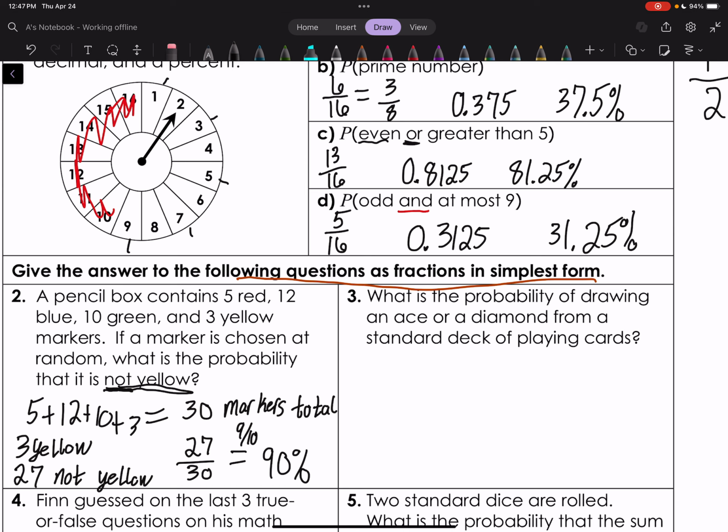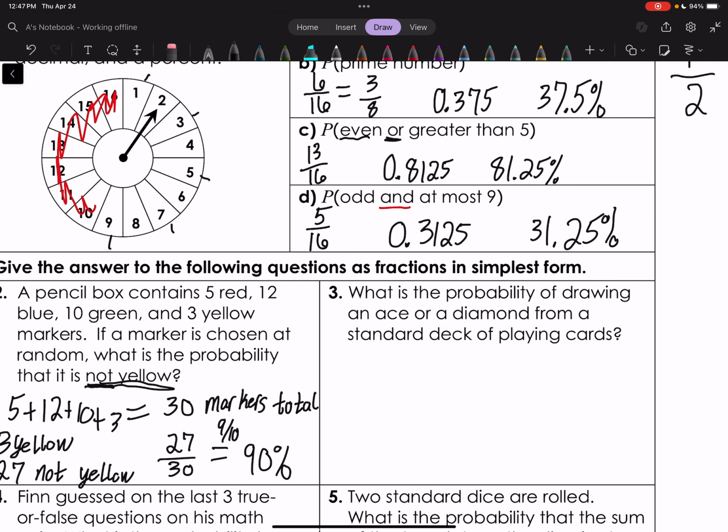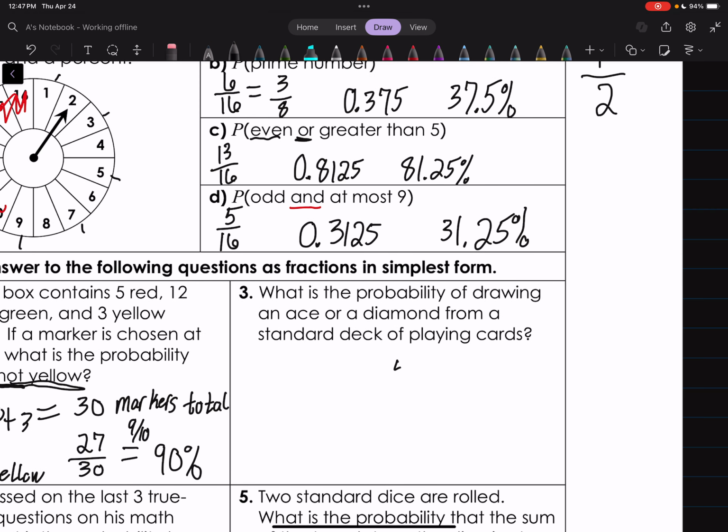All right, number 3. What is the probability of drawing an ace or a diamond from a standard deck of playing cards? This requires you to know a little bit about playing cards. In playing cards, you have 52 cards. This is broken into 4 suits.